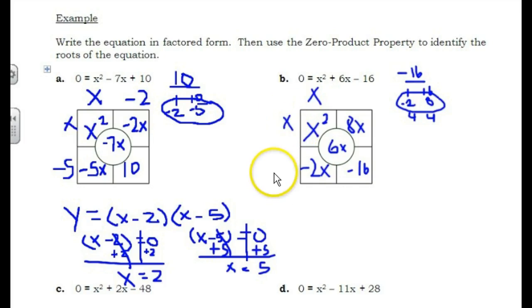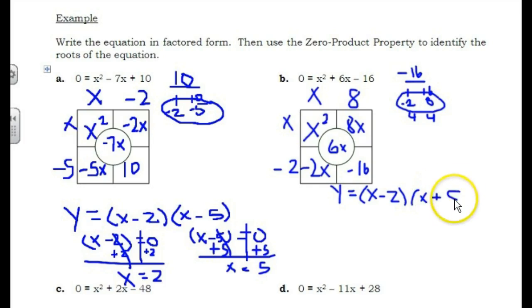Working your way backwards to fill out the sides of the box, check to make sure 8 times negative 2 does make negative 16, and 8 plus negative 2 does make 6. I know that I have the factors. So y equals x minus 2 and x plus 8.